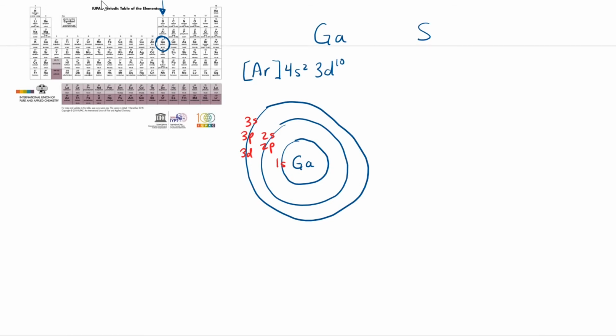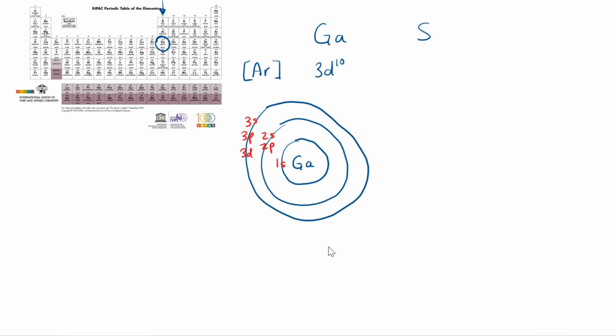So what we end up with in terms of gallium is removing these 4s2 electrons, and we have it as an argon core plus the 3d10 electrons, and that's going to be our gallium ion.